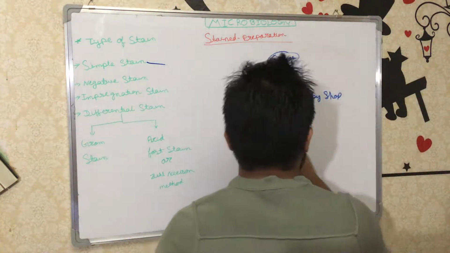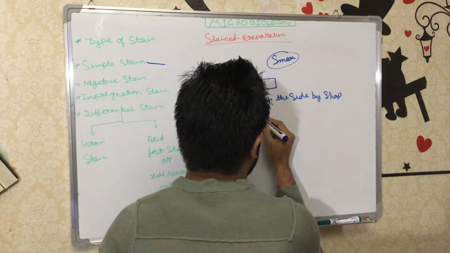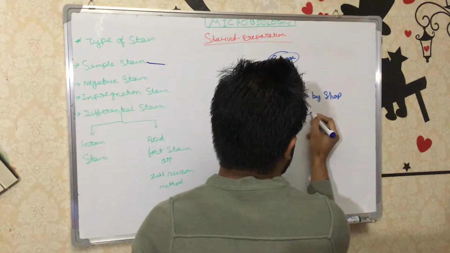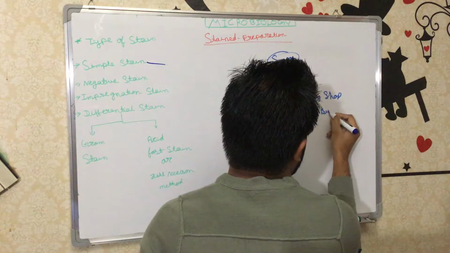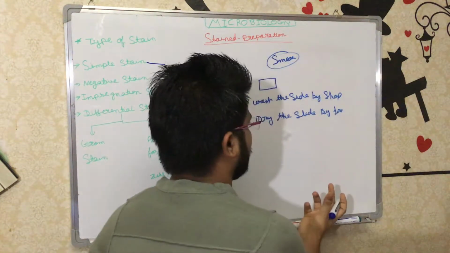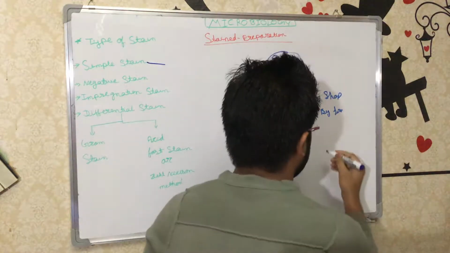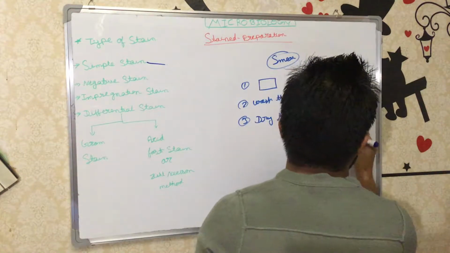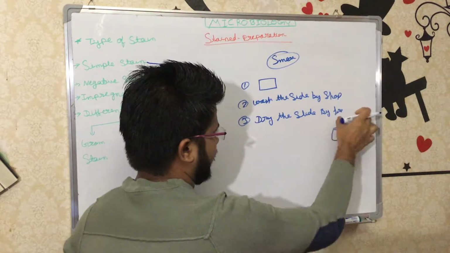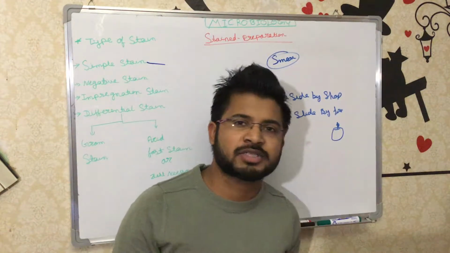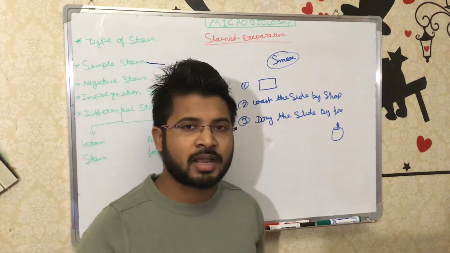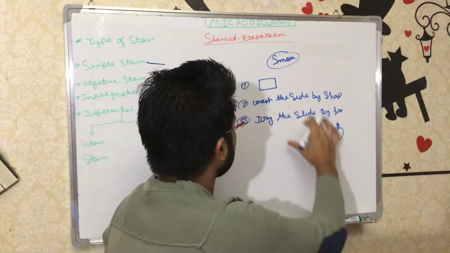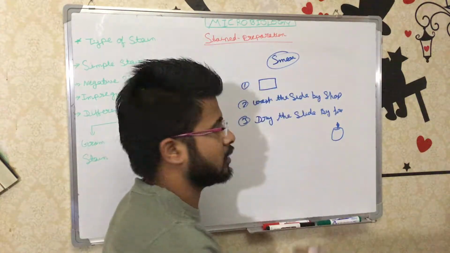Dry the slide by fire. For example, over a burner, we can hold the slide for 1 minute, or maybe 30 or 50 seconds, and then it is completely dry. After that we can start the staining method. So these three steps are the smear. This is called the smear.